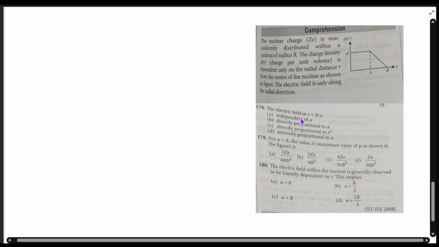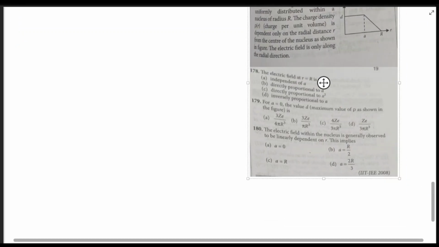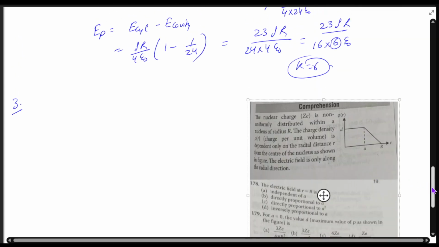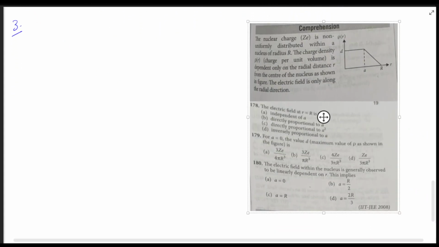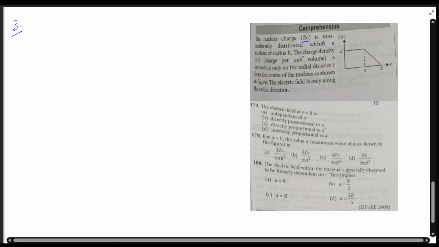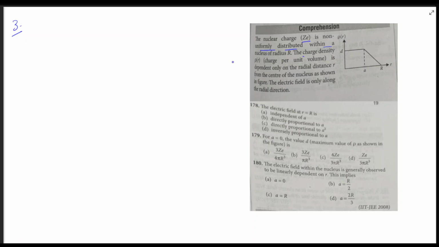Perfect. Let's move on to our third question. So we have here a nuclear charge ZE non-uniformly distributed within a nucleus of radius r.